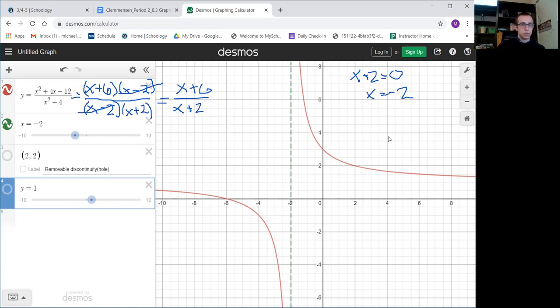Vertical asymptote. On the other hand, we had one that did cancel out. So that's going to be our removable point. We'll do that math as well. X minus 2 equals 0. X equals 2. So I go to where it says 2 on my graph, I go up to my point, and I put a hole right there, a little dot that shows that it is missing.